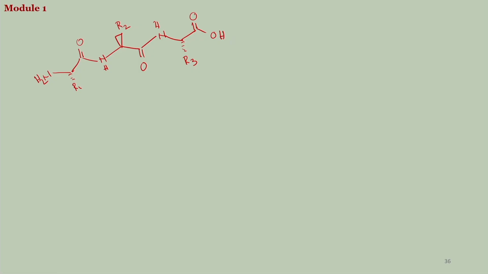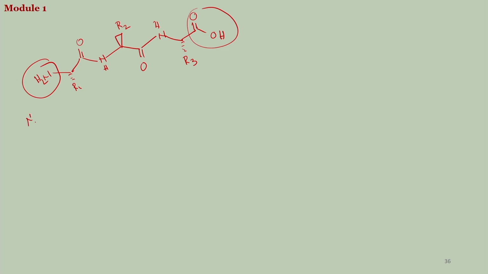when you complete the chain, there will be a free carboxylic acid on the right hand side if you write in this direction. On the other hand, there will be one free amine group on the left hand side, and this is the way to write a protein or peptide structure, usually from the amine terminal to the carboxylate terminal.